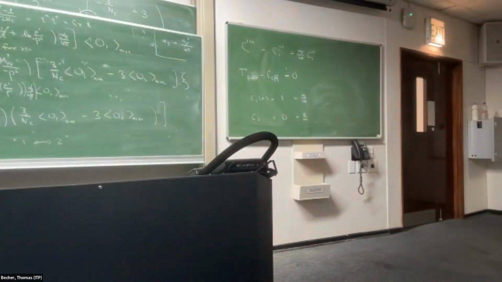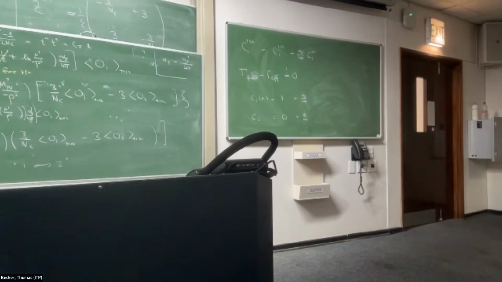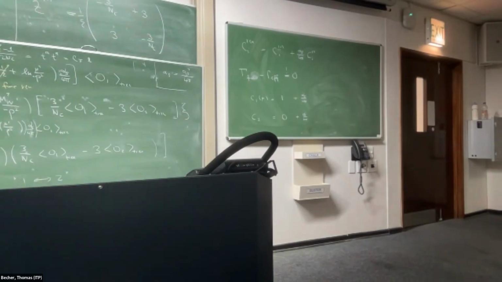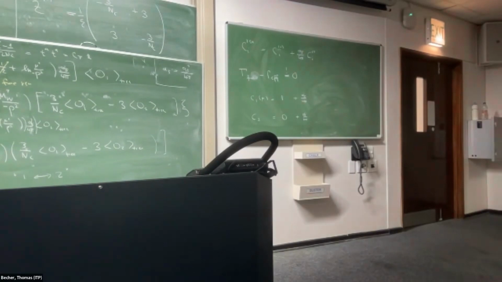Now we should be able to read off. So the divergence has been killed. In the full theory, we have an mw squared over minus p squared, this log. In the effective theory, we have a log mu squared over p squared.